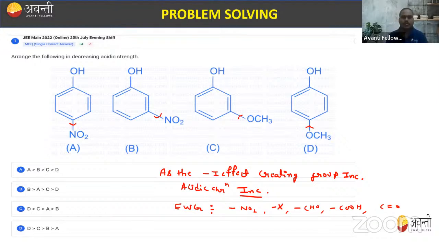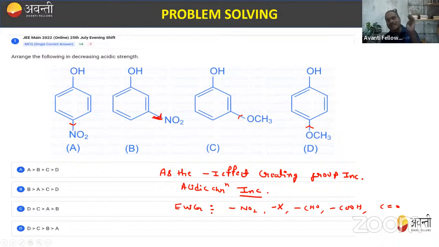Now, here also we have an NO2 group, that is a minus I effect creating group. Here also we have a minus I effect group. So out of these two, which will be more effective, और मेटा पोजीशन पे जो NO2 लगा है वो, या पैरा पोजीशन पे जो NO2 लगा है. So it is very important to understand one important note here.